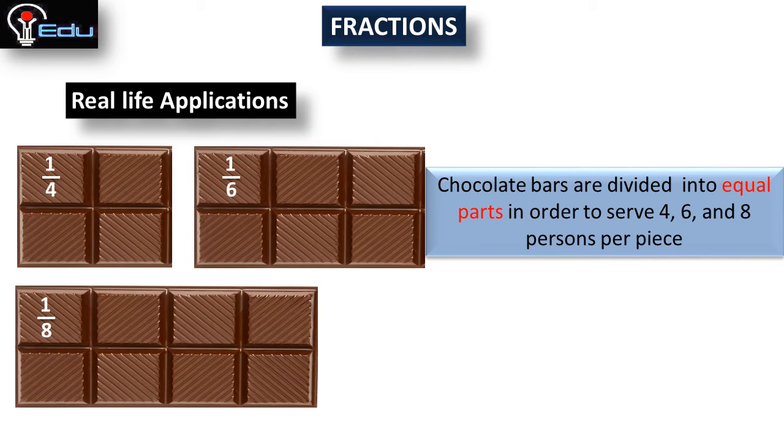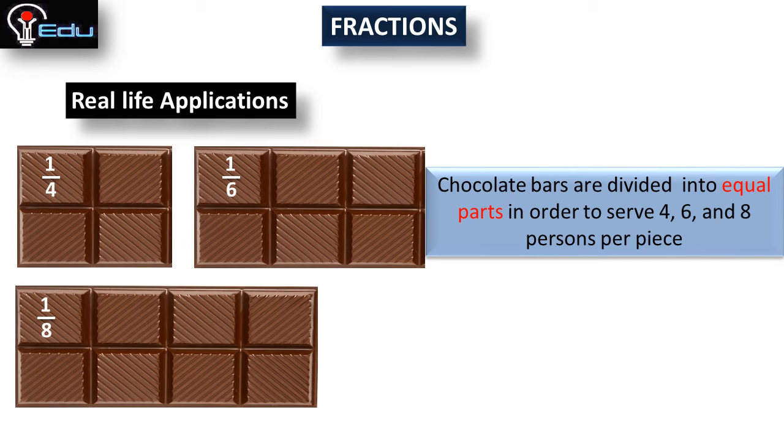Similarly, in order to serve 6 persons, the chocolate bar is divided into 6 equal parts. So one part is 1 by 6. Similarly, if 8 persons are there, then we have to divide the chocolate bar into 8 equal parts.